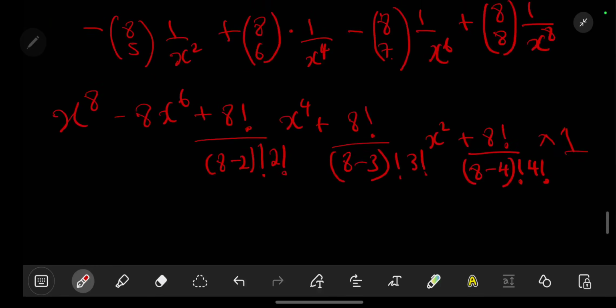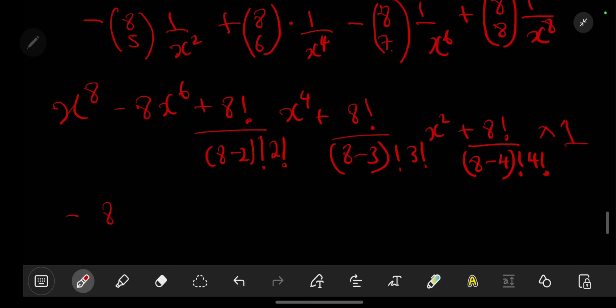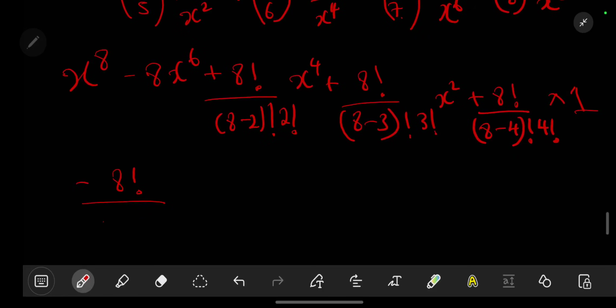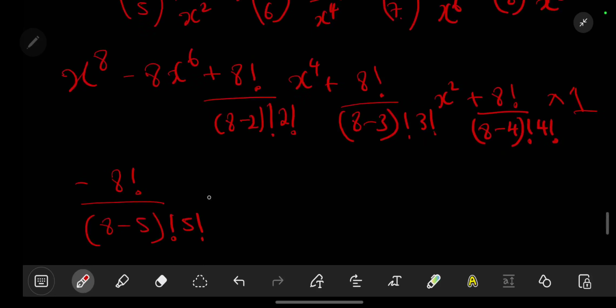The next one, minus 8 factorial over 8 minus 5 factorial, 5 factorial, times 1 over x squared.